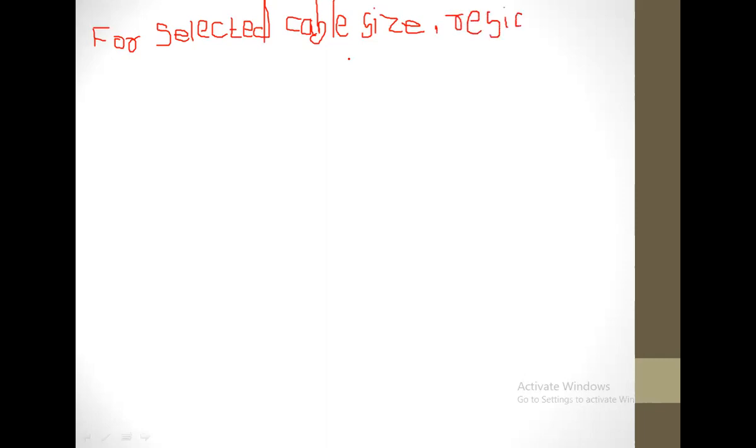That means for the selected cable size, the resistance is 0.408 ohm per kilometer.